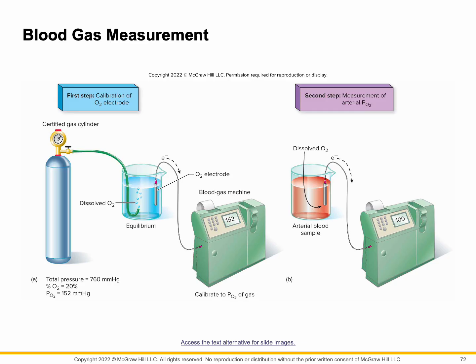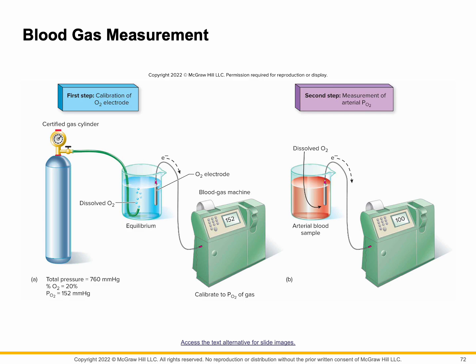So the illustration here shows the arterial blood gas analysis, the ABG analysis, using the partial pressure of oxygen electrode, in which the following steps are done. So first, calibration of the oxygen electrode using a certified gas cylinder, dissolved oxygen in a beaker, and a blood gas machine.